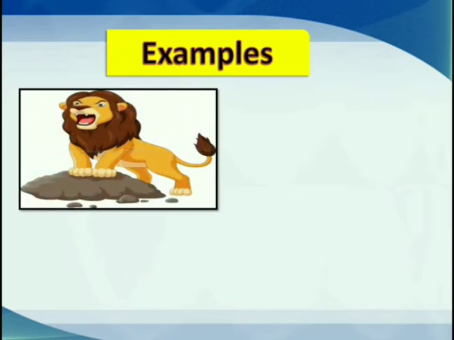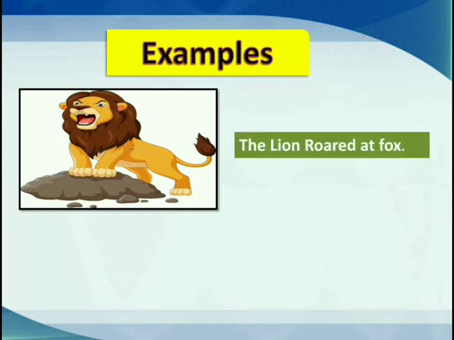Let us first bring some examples before you. My first example is, when I look at this picture, it gives me an idea about the lion, rose, and fox. Now, this is a complete sentence because it is conveying a complete idea about the picture.